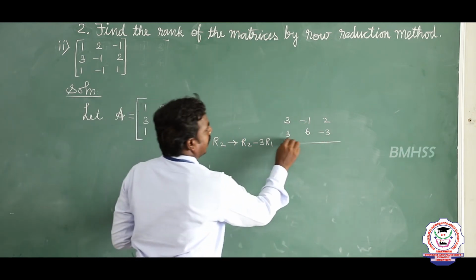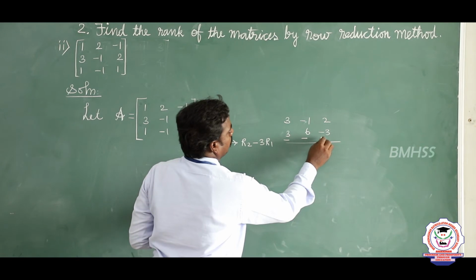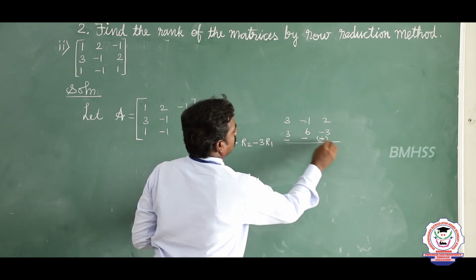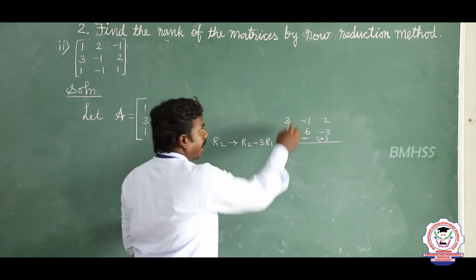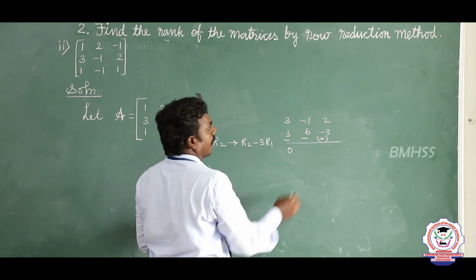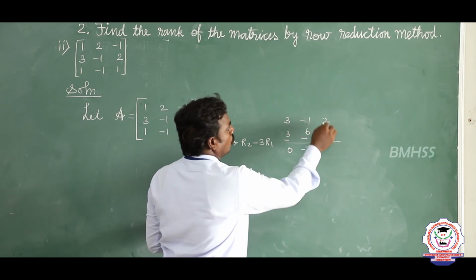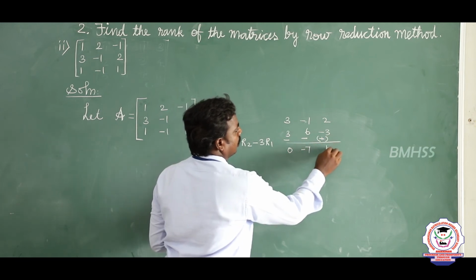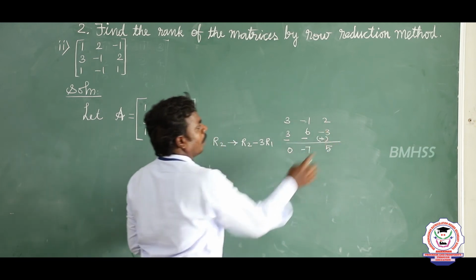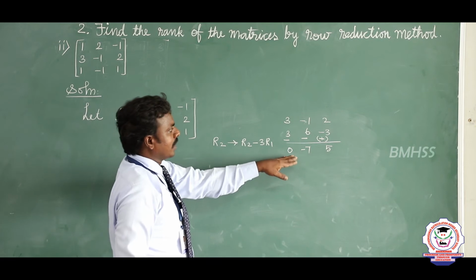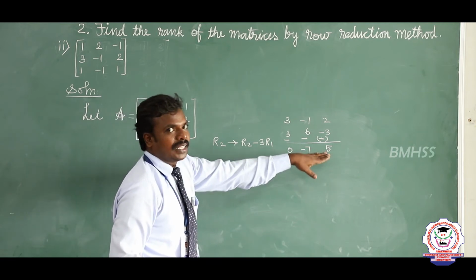Minus and minus will change to plus. So 3 minus 3 is 0, minus 1 minus 6 is minus 7, 2 plus 3 is 5. In the second row we get 0, minus 7, 5.